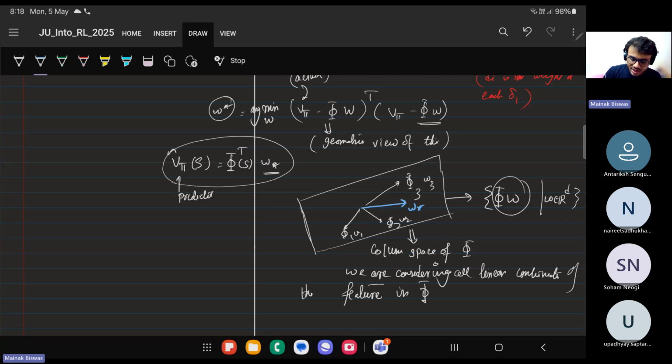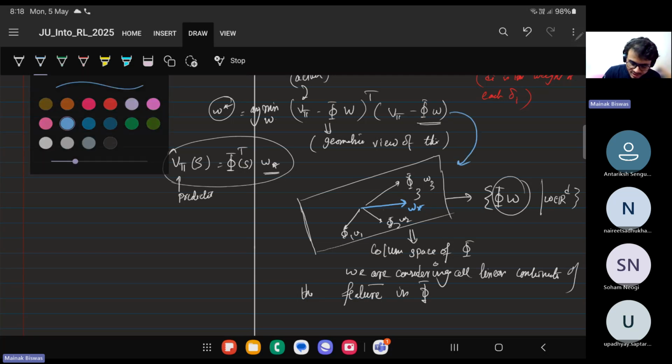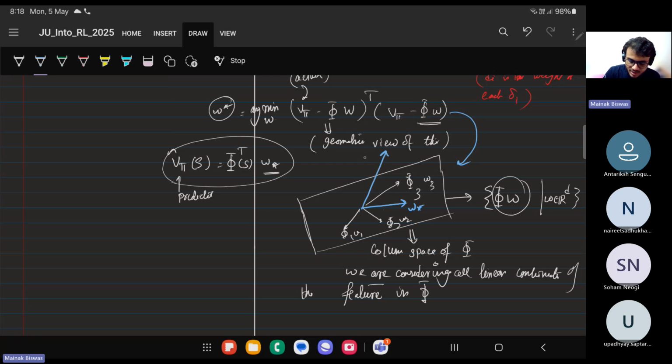Whenever you're minimizing the distance, V pi may not exist in this space. V pi may be out of this space. If you are wondering how, you have to read a little bit on linear algebra. But the idea is that all the vectors in the column space need not be R^S fully.